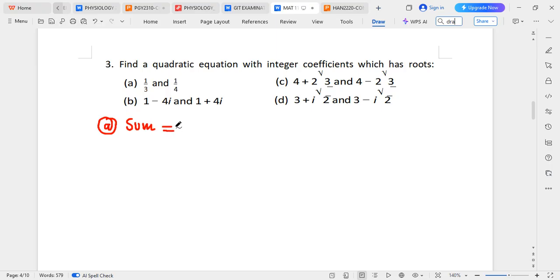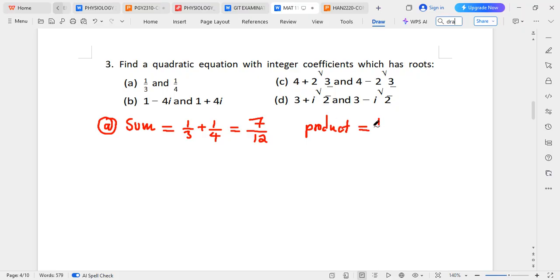So sum of the roots, add the roots 1 over 3 plus 1 over 4. I don't know how good you are with adding fractions, but this is 7 over 12. Also find the product of the roots.